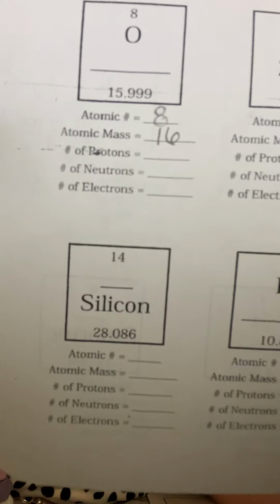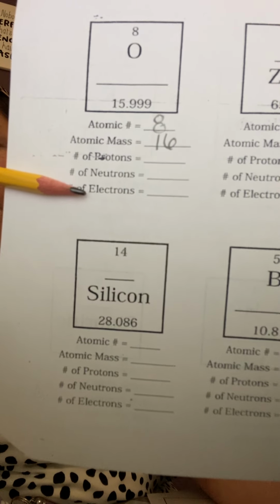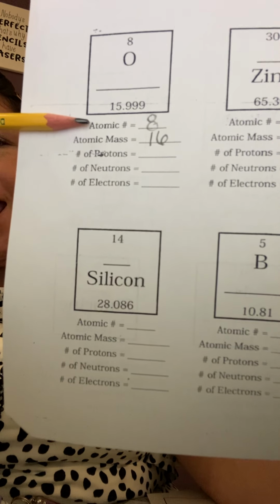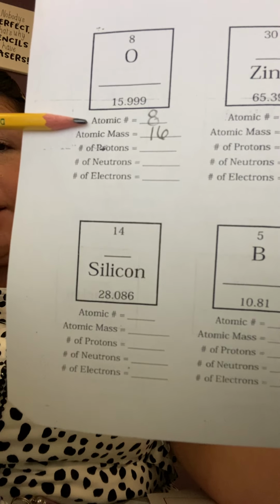Now, the next thing it says is the number of protons, the number of neutrons, and the number of electrons. So we're going to use APE MAN to figure that out. So the protons is part of the A, the APE. So we have 8. And the other letter for APE is E for electrons. So on protons P and electrons E, we're going to write down the atomic number.